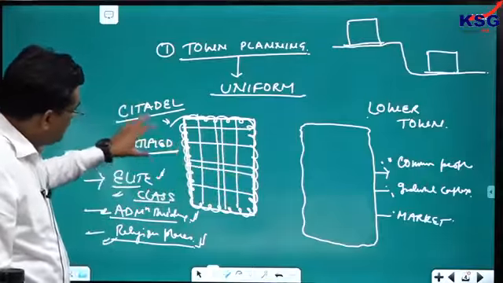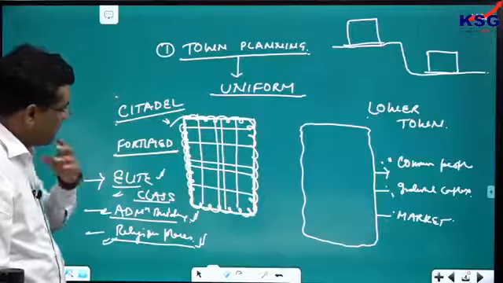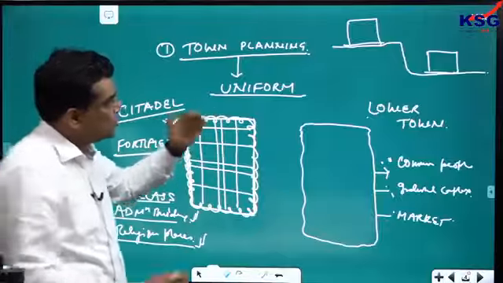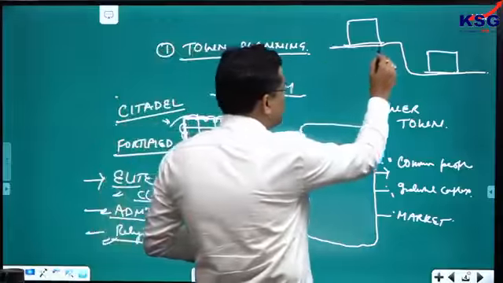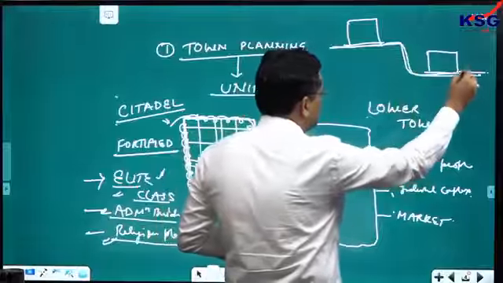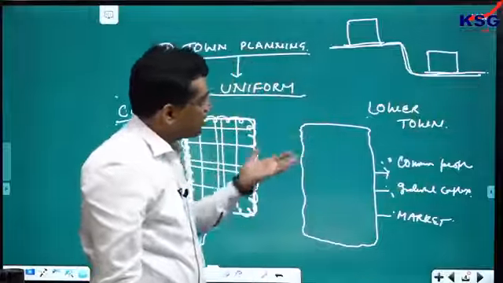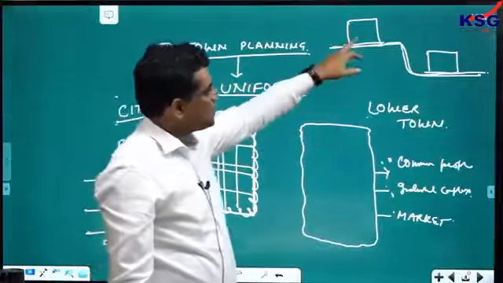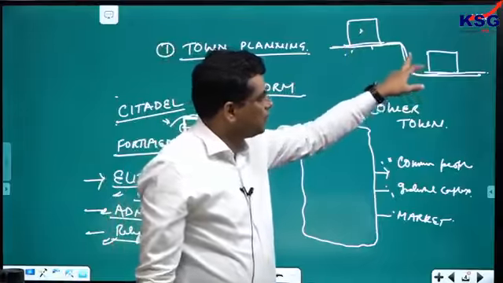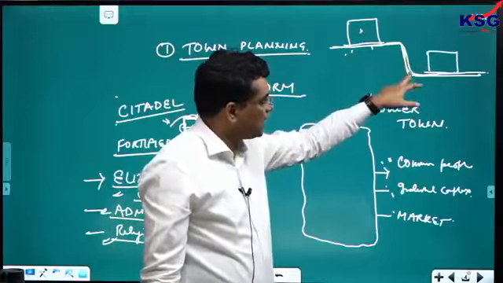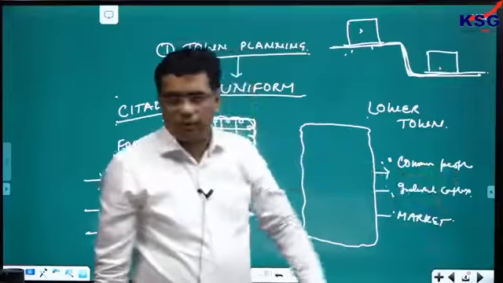On the western side, we have Citadel. This is slightly raised. Suppose this is the topography of the land. On the raised portion, we construct the Citadel, and on the slightly lower portion, we construct the Lower Town.